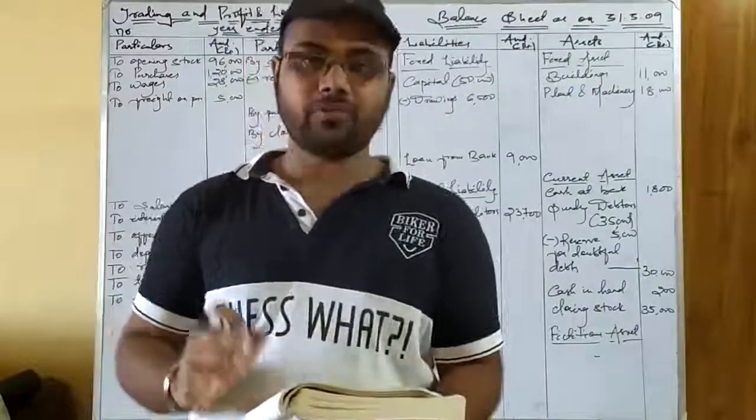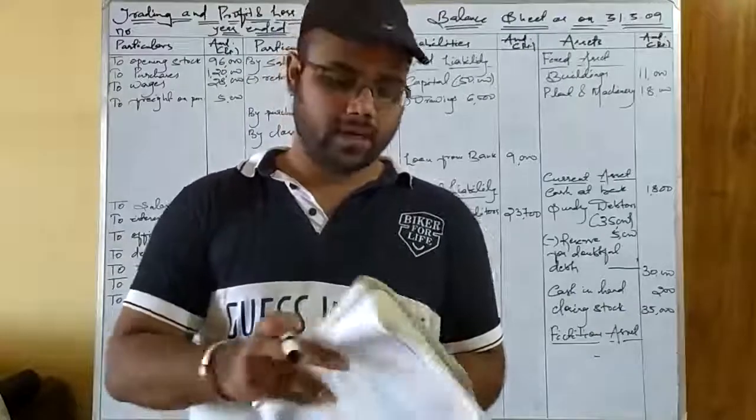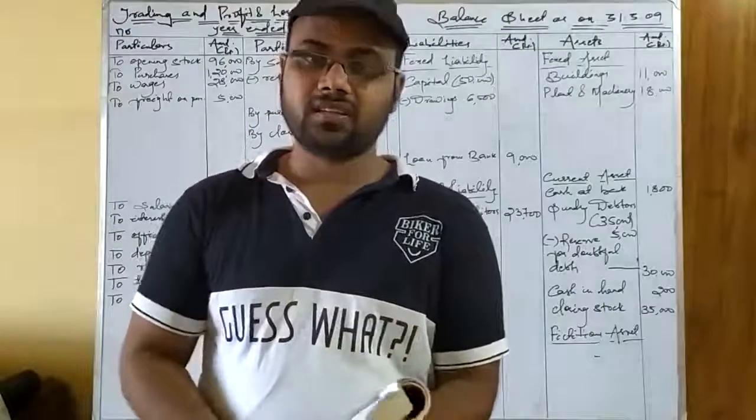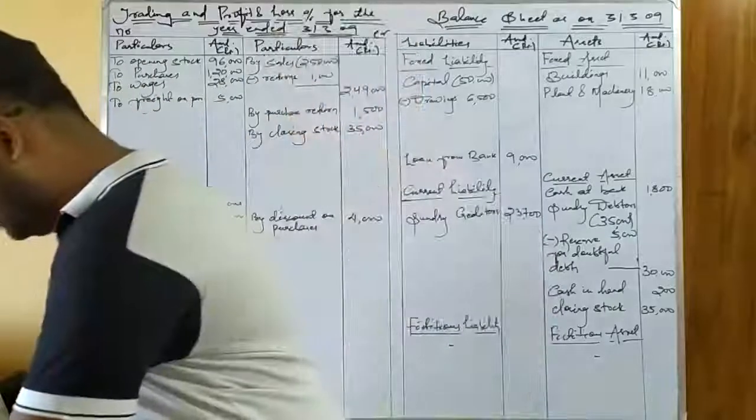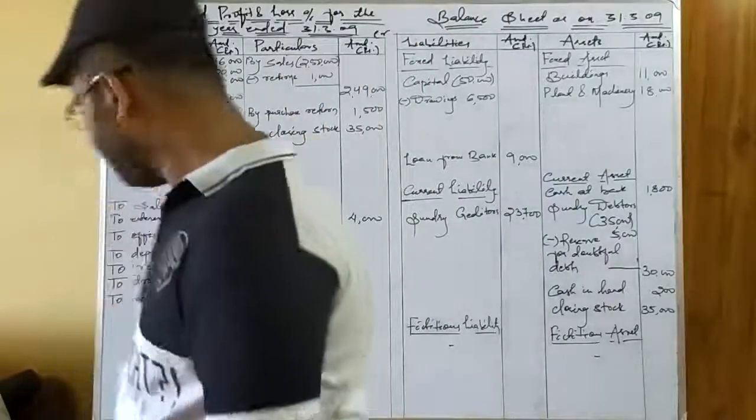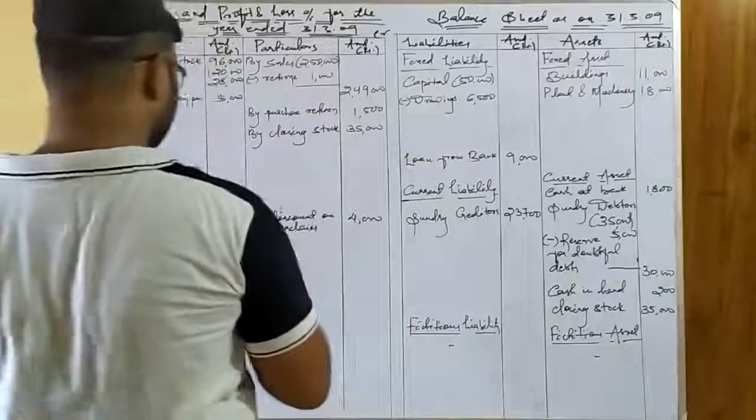Now we will make the final part, that is the calculation part, and we will check whether we are getting the answer that is given in the question or not. Okay. So first of all, we will close the trading account.